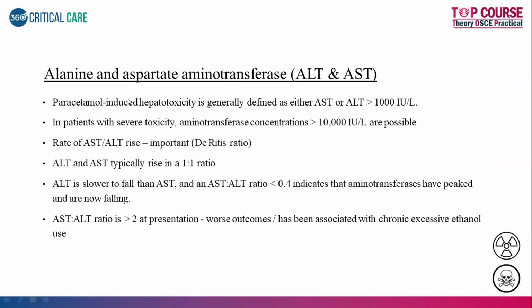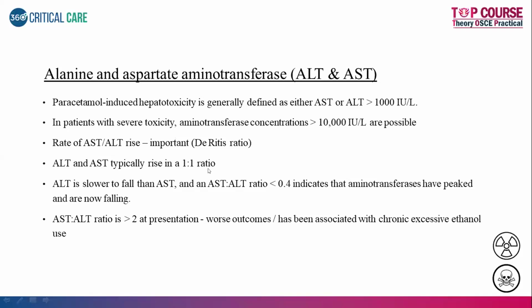In this, your ALT and AST are very important. Paracetamol-induced hepatotoxicity is generally defined as either AST or ALT elevation of more than 1000 international units per liter. In severe toxicity, the concentration may be elevated to more than 10,000 also. Most important is the AST to ALT ratio, which is known as the De Ritis ratio. Normally both rise in a 1:1 ratio.